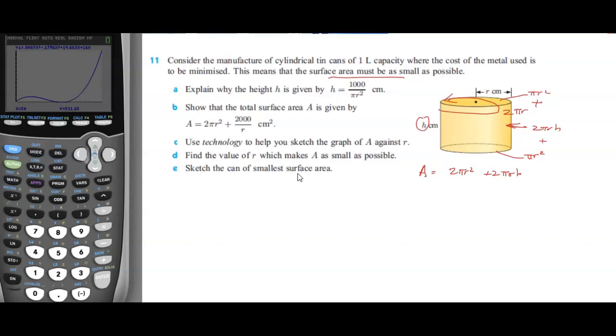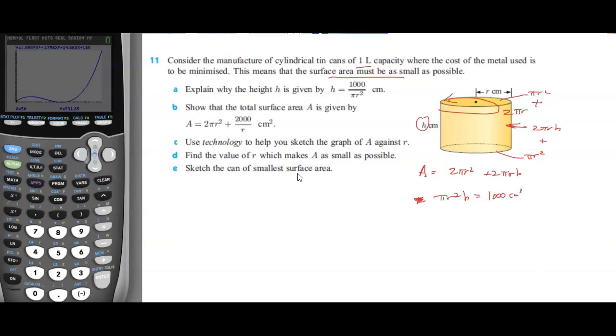We know that the volume is 1 liter. So the volume of a cylinder is given by pi r squared h, and that is 1 liter, or 1,000 centimeters cubed. Okay, 1 liter is 1,000 centimeters cubed, by the way.